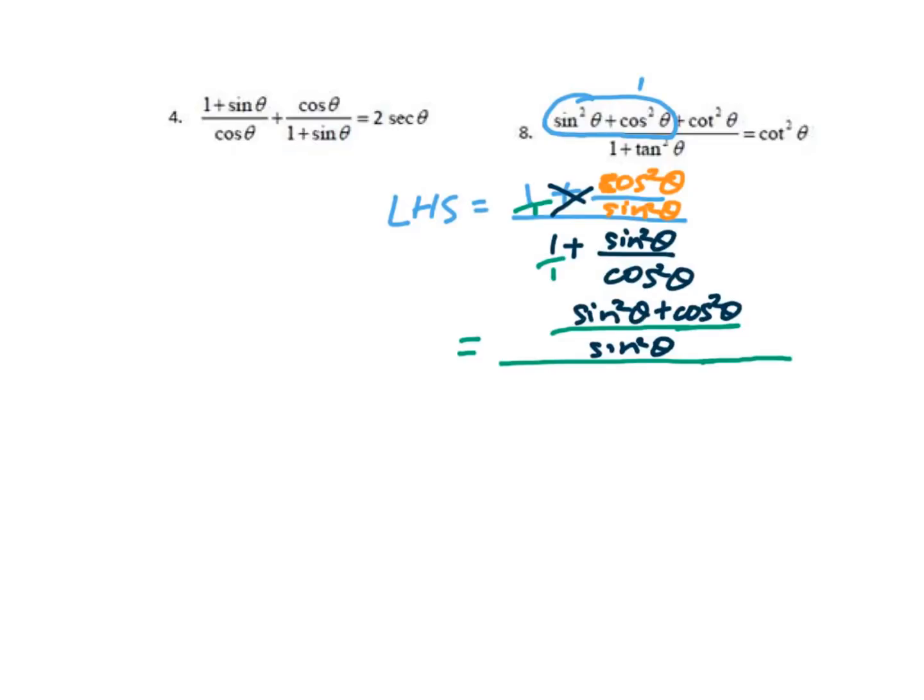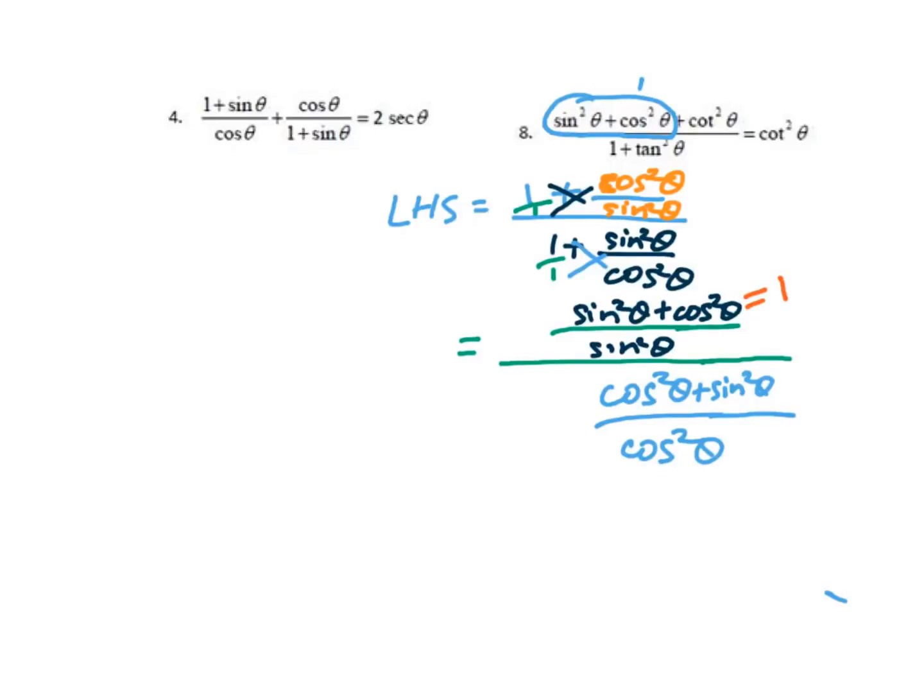Let's do the operation of addition of fractions to the denominator. So we got cosine square theta cross multiply. That's cosine square theta plus sine square theta. We do know that sine square theta plus cosine square theta equals 1.